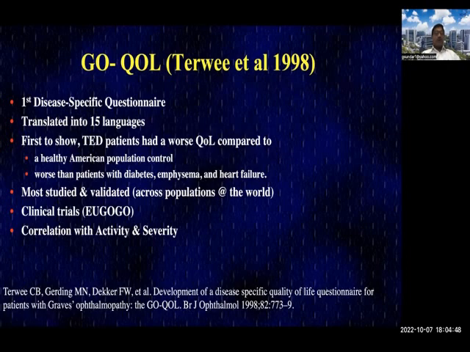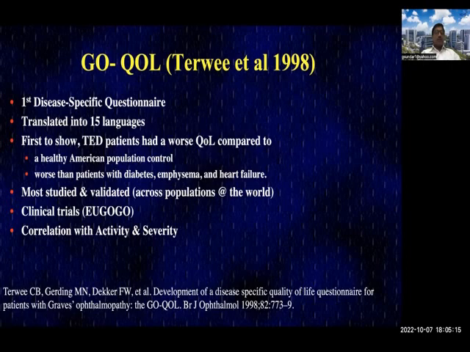So the mecca of thyroid eye disease or Graves' orbitopathy studies, all came from Amsterdam. This is the very first disease-specific questionnaire, which has been translated into several languages. It has been shown to be very valid, and was the first questionnaire to show that an average afflicted patient with thyroid eye disease has a quality of life much worse than a healthy American population, and much worse than patients with diabetes, emphysema, and heart failure, all of which can significantly affect the patient itself.